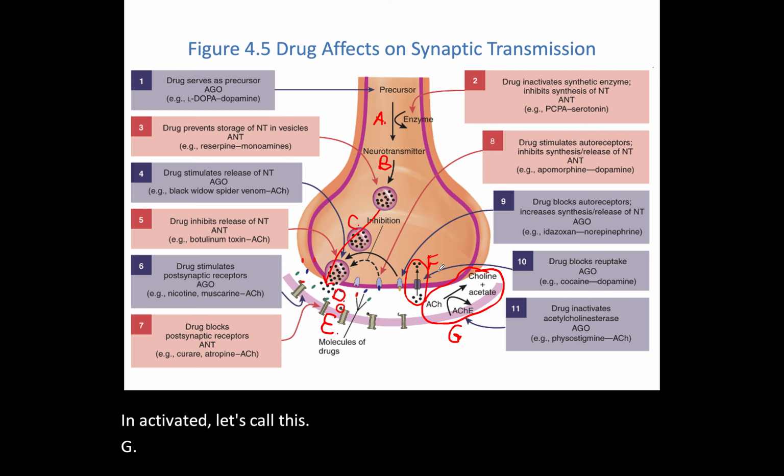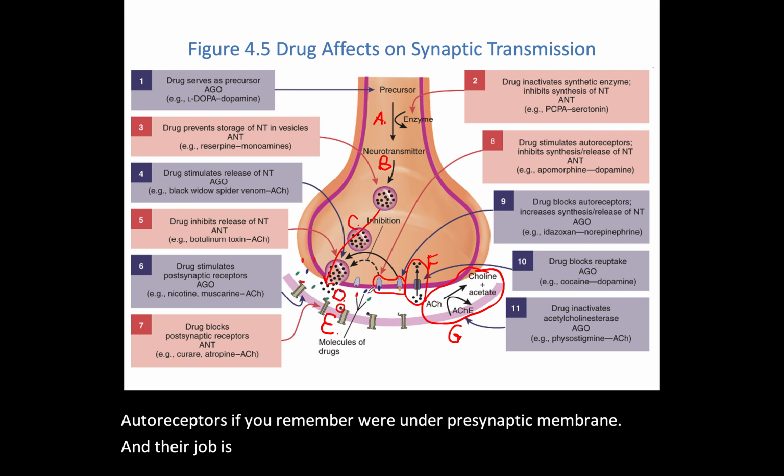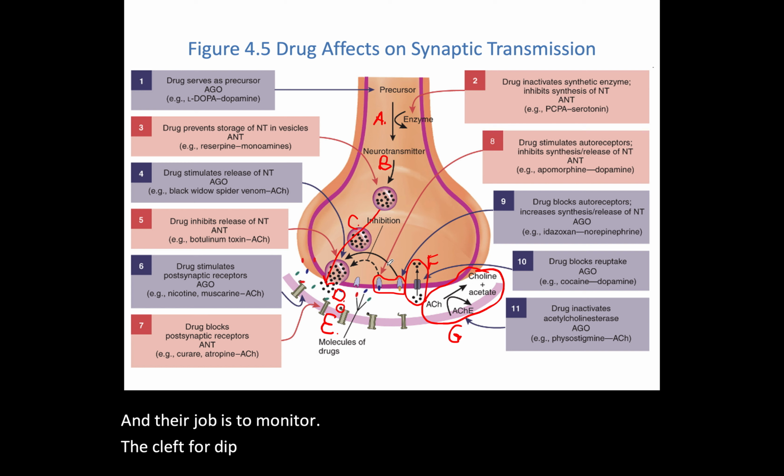The final piece was the autoreceptor. Autoreceptors, if you remember, were on the presynaptic membrane, and their job is to monitor the cleft for the presence of neurotransmitter.